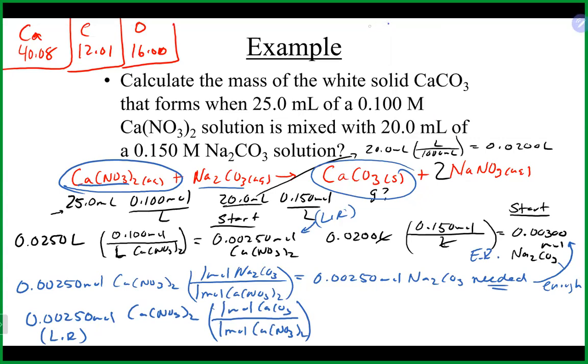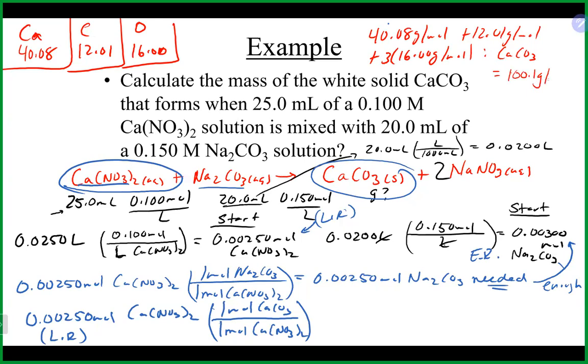So calcium is 40.08. Carbon is 12.01. And we got 3 oxygens there in our product. And that is for calcium carbonate. And that will give us 40.08 plus 12.01 plus 3 times 16, about 100.1 grams per mole.